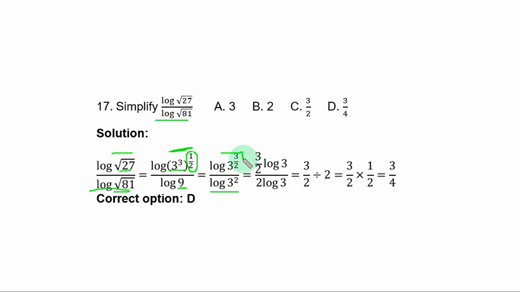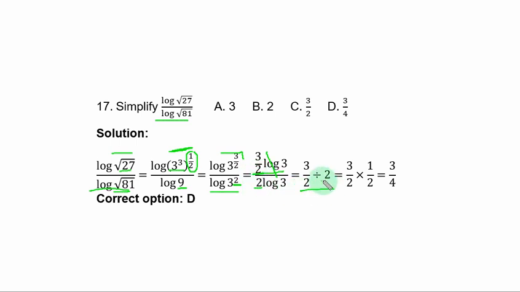Now, by the power law of logarithm, 2 over 3 is used to multiply the log in this form, same as the power of 2, so that log 3 are cancelled off. So you have 3 over 2, the first coefficient here, divided by this 2 in this form.